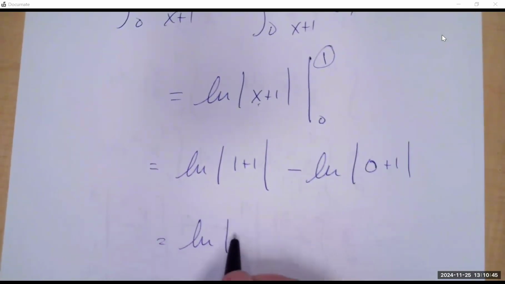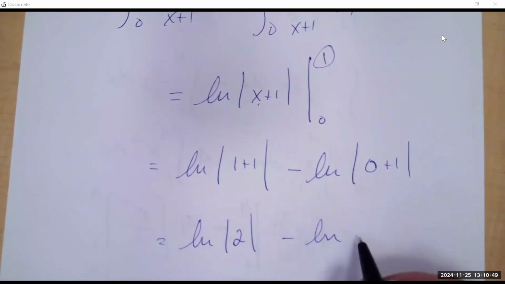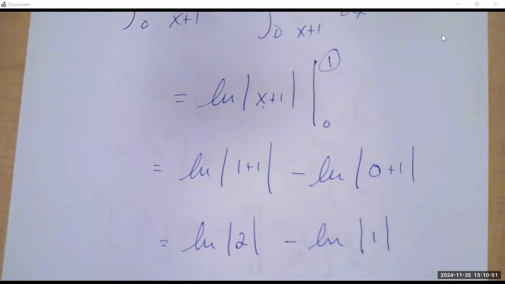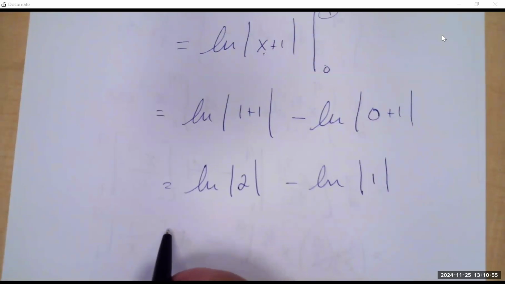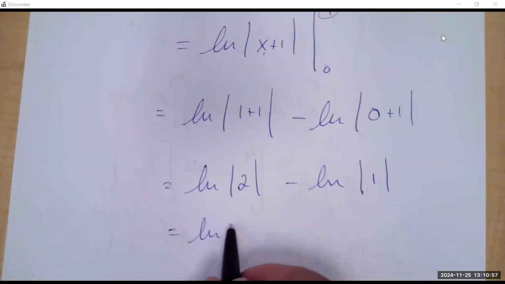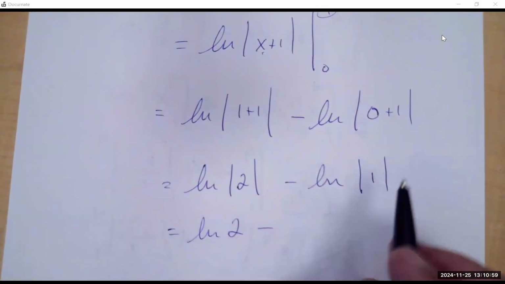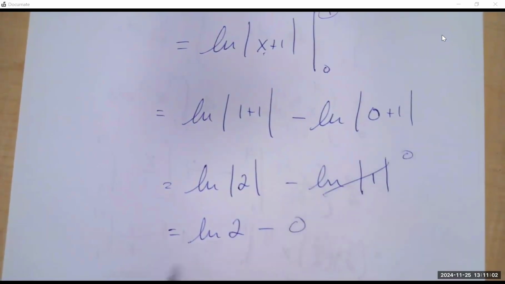So ln of 2, ln of 1. I don't need the absolute value signs. Ln of 2 is ln 2. Ln of 1 is 0. So the answer is ln 2.